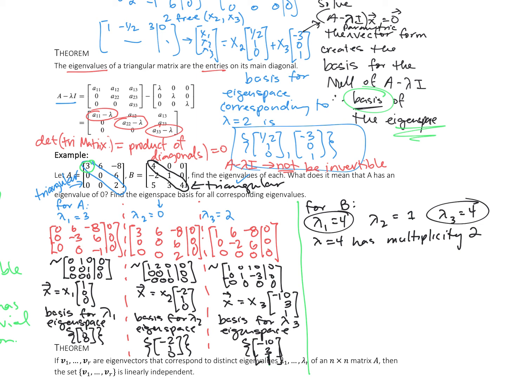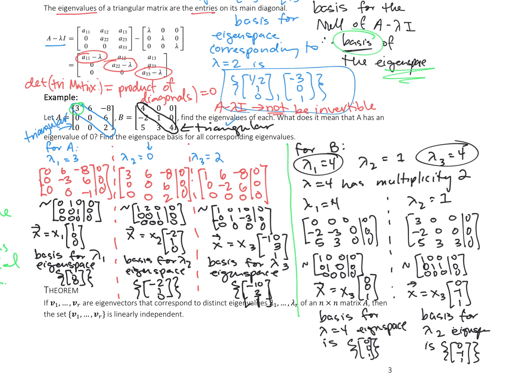So keep thinking about why it makes sense that an eigenvalue of 4 has a multiplicity of 2, and then altogether we end up having 3 eigenvalues here. I just happen to have one that's repeated. So we really don't have to worry about lambda 1 equaling 4 and lambda 2 equaling 1 in terms of finding our basis. So pause now, find the bases for those two, and come back in just a second.